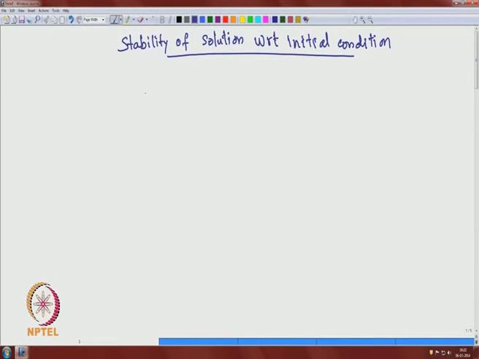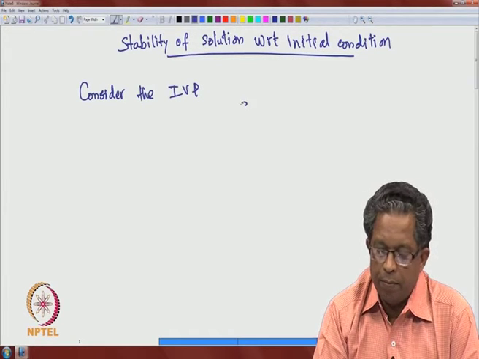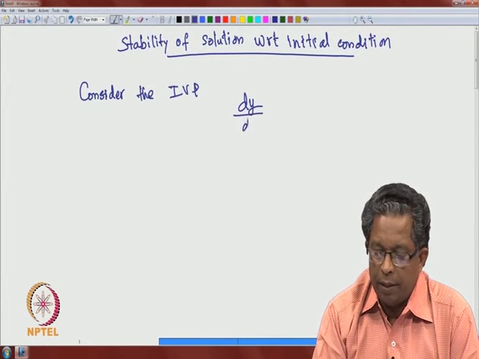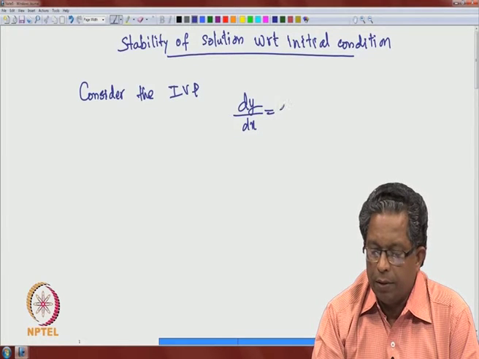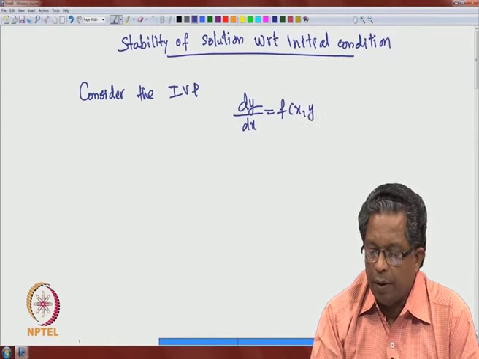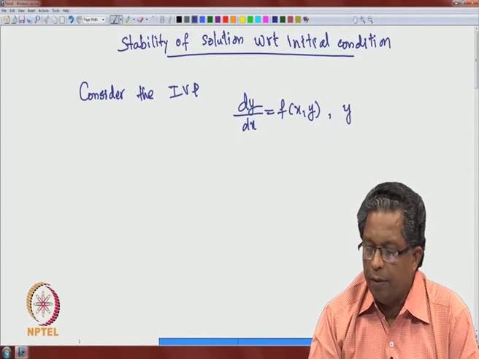Okay, consider the initial value problem dy/dx is equal to f(x, y) with initial condition y(x_0) is y_0.